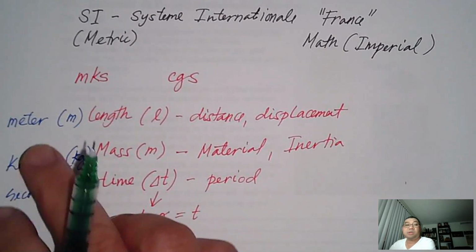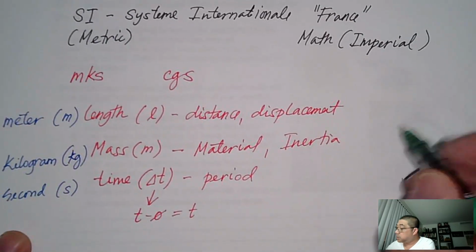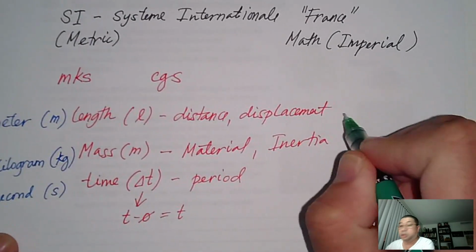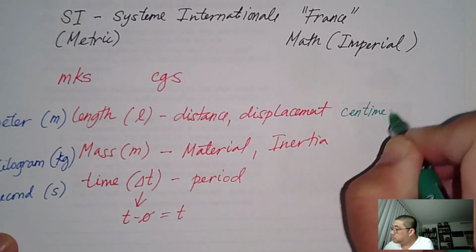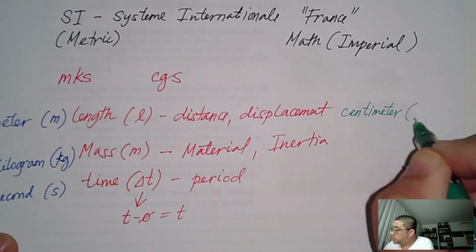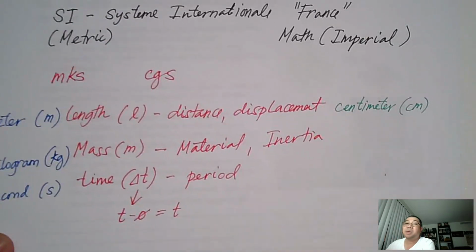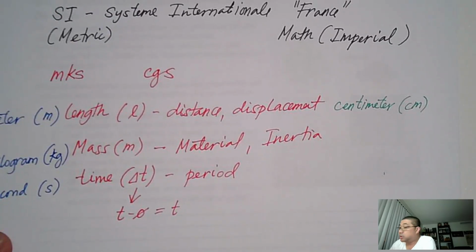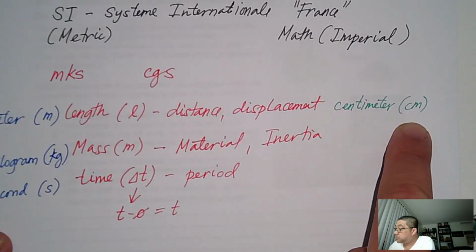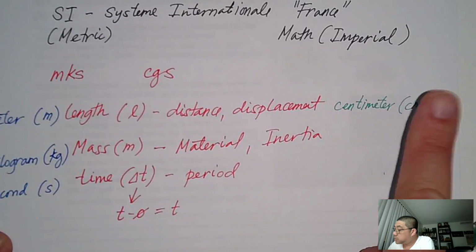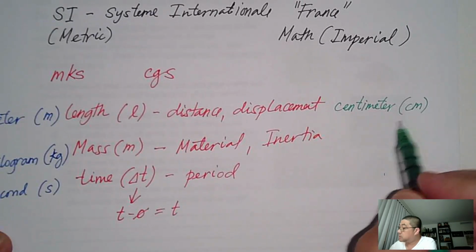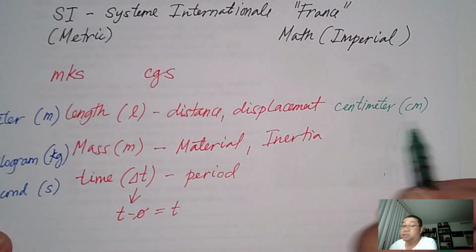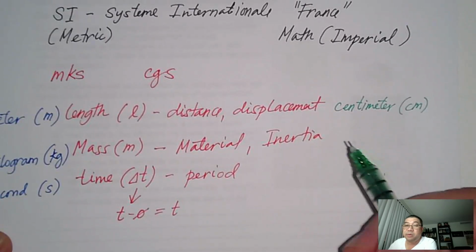So instead of using meters, since it's smaller, we will use what we call the centimeter. The centimeter is denoted by cm. This is the symbol for the unit. So when I ask you what is the unit, it's not L, but instead this is your unit.